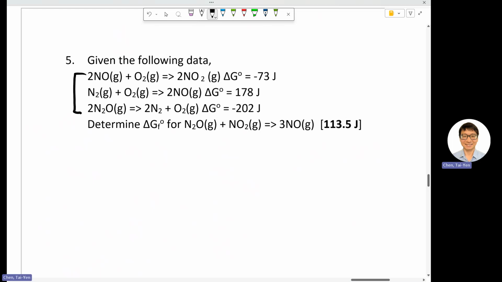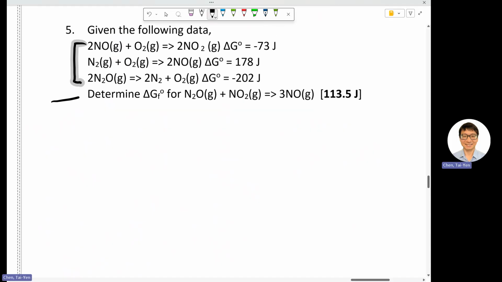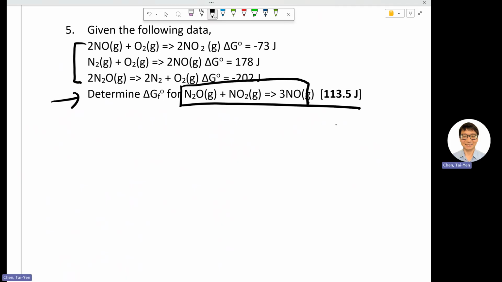So it says you have three data. These are the three equations. Each of them has its own delta G naught. You want to determine the delta G naught for a target reaction. So that is your target. What you will need to do is rearrange the equation set.